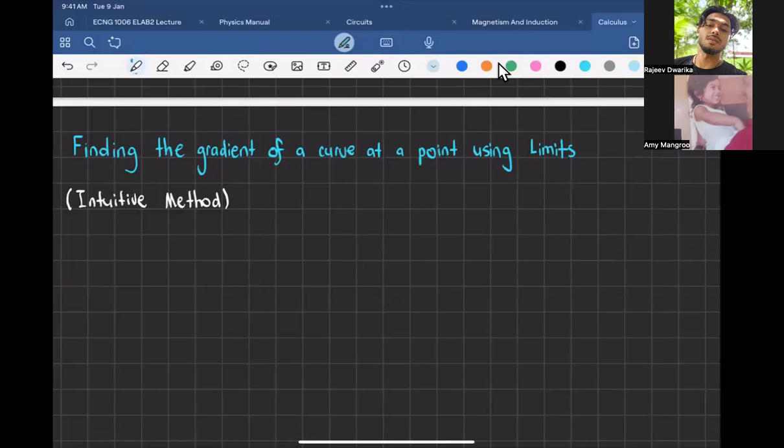And basically how it works is the main thing we have to remember is, tell me, Amy, what's the simplest formula for gradient? Y2 minus Y1 over X2 minus X1. So we've got to ask ourselves, what is the simplest way to find gradient?